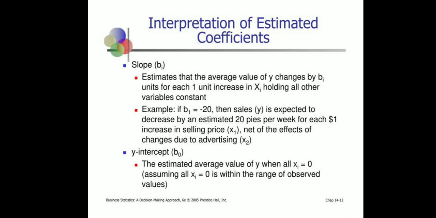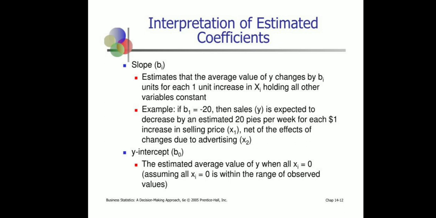For example, if b1 equals minus 20, the minus represents a negative correlation, so sales y is expected to decrease.